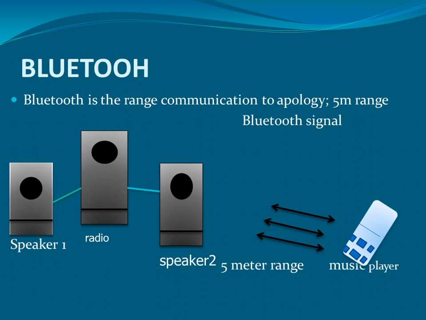For instance, look at speaker 1, radio, speaker 2. Then we have what we call a 5-meter range. Then we have this other side, a music player, whether a phone or anything that can play music.